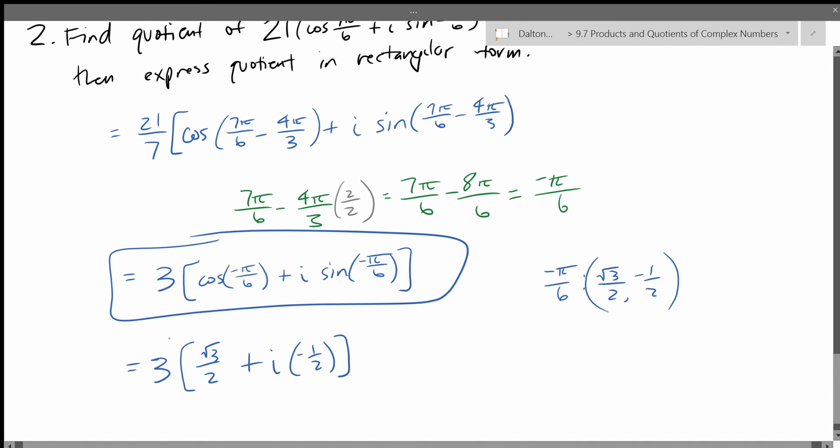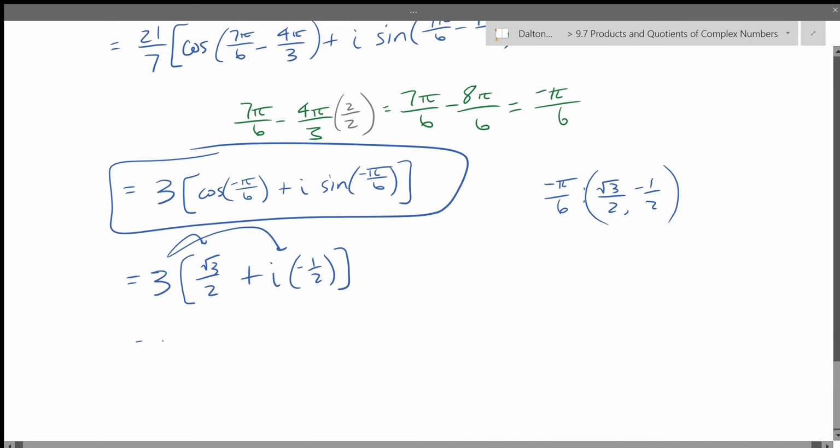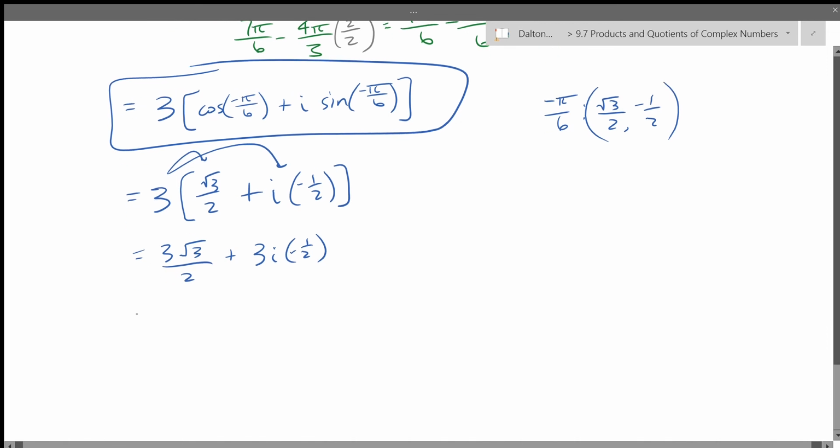And then if we distribute this 3 into both numbers, that's going to be 3 square root of 3 over 2 plus 3i times negative 1/2, which is the same thing as 3 square root of 3 over 2 minus 3/2 i.